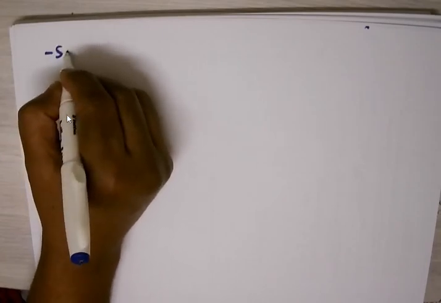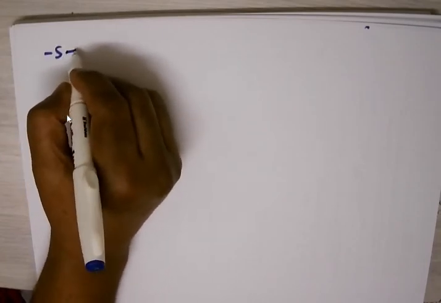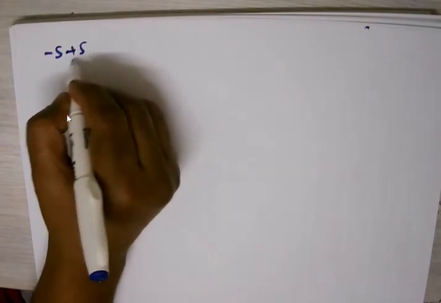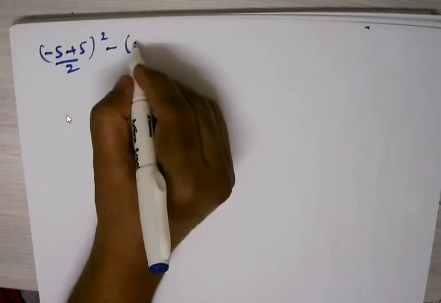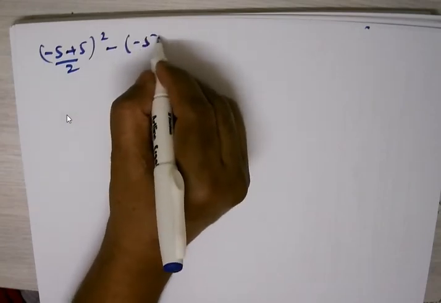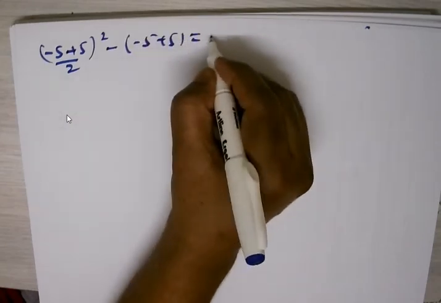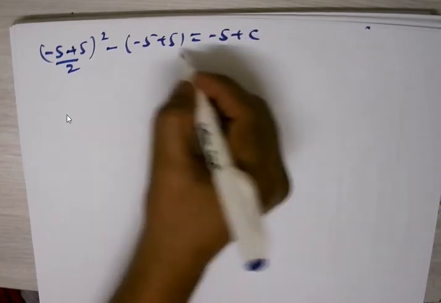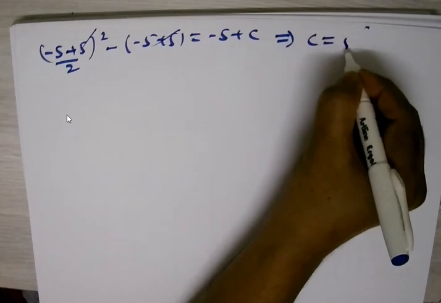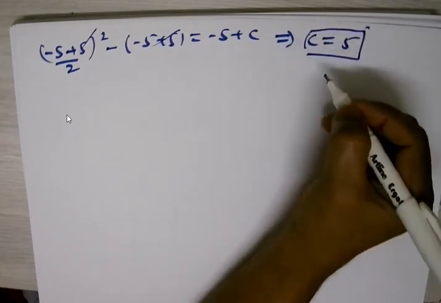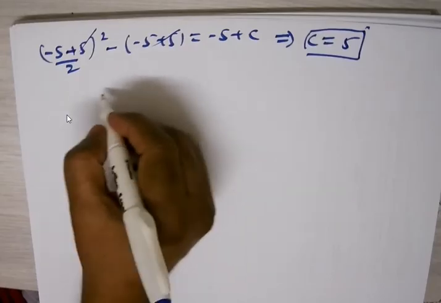So it means that minus 5 minus x means minus 5, so plus 5, divided by 2 power 2, minus 5 plus 5 is equal to minus 5 plus c. So this cancels. It means that c is equal to 5. So c is equal to what? 5. So replace in the general solution.